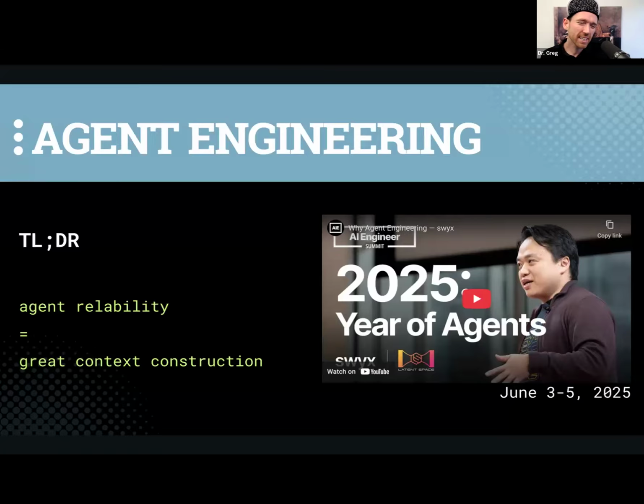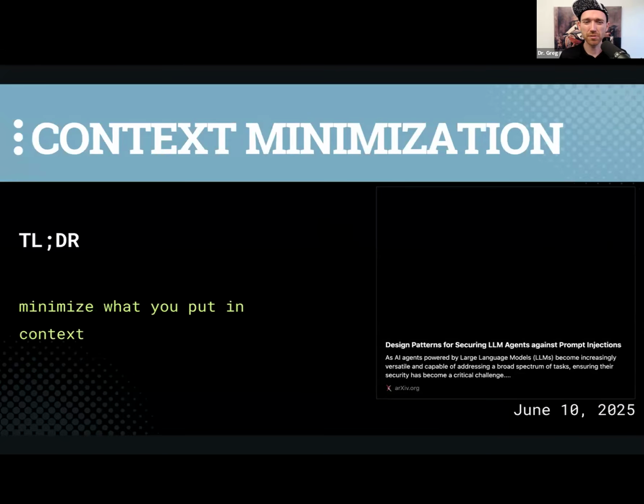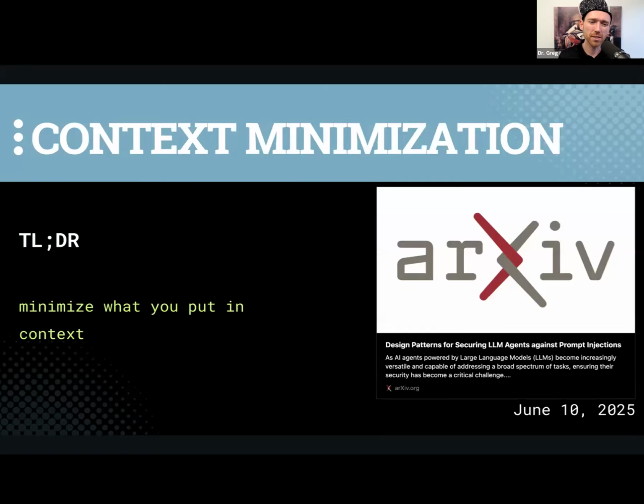And we even see in some of the leading papers that are coming out and being noticed now, like one called Design Patterns for Securing LLM Agents, that if we minimize what we're putting in context, that is one strategy to protect against prompt injections. It's not the only way, of course, but it is one way. It's harder to attack when there's less surface area to attack within your context.